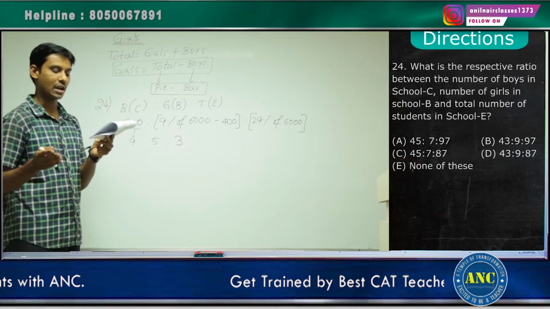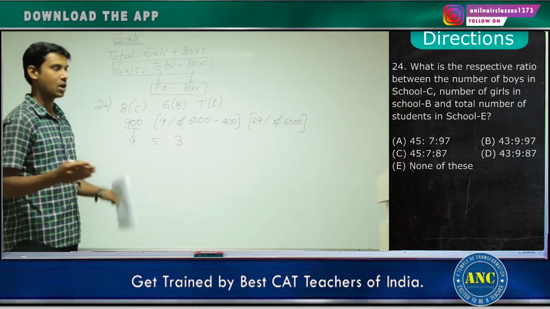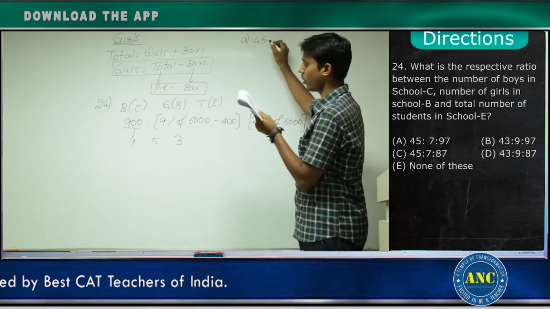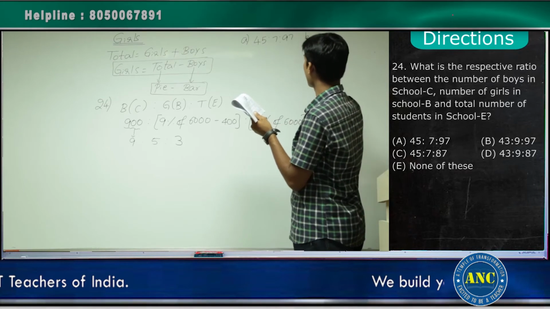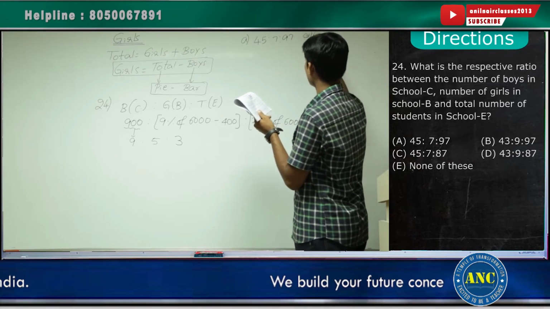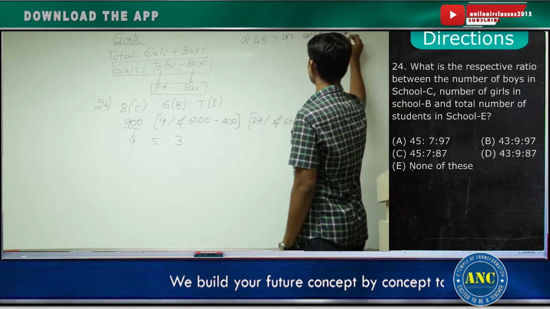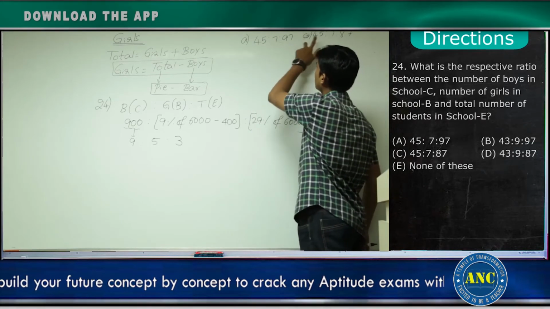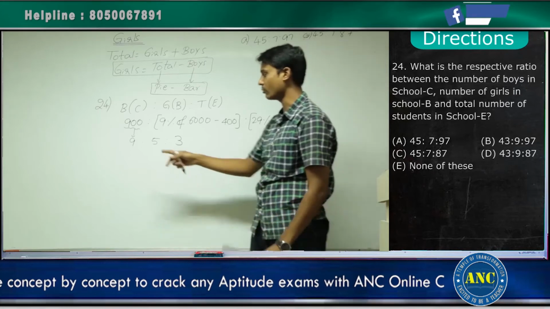That means you are left with option A and option C, where option A is 45 is to 7 is to 97, and option C is 45 is to 7 is to 87. The first term's digital sum is 9 in both cases, which is validated here.